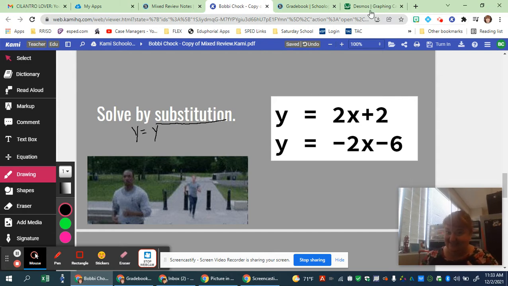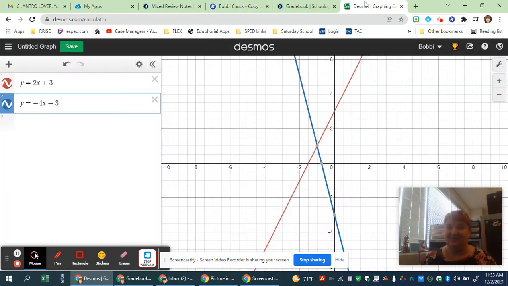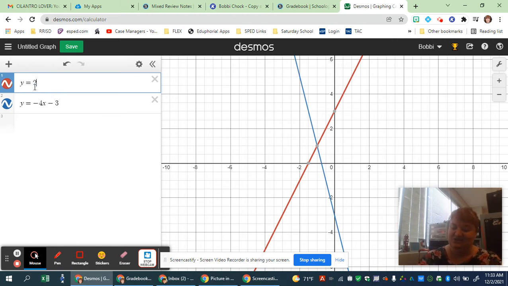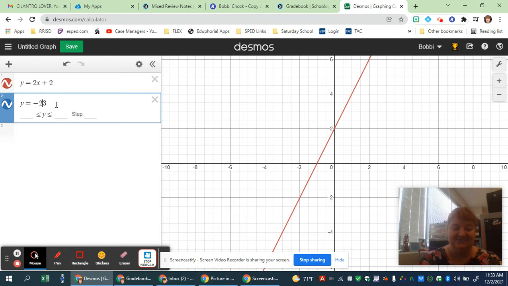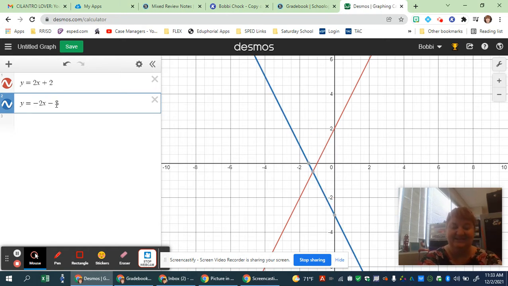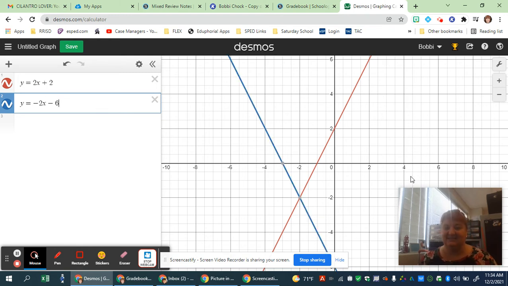If I had this, I would go to my Desmos and put in y equals 2x plus 2, and then y equals negative 2x minus 6. And there's my answer. My answer is negative 2, negative 2.